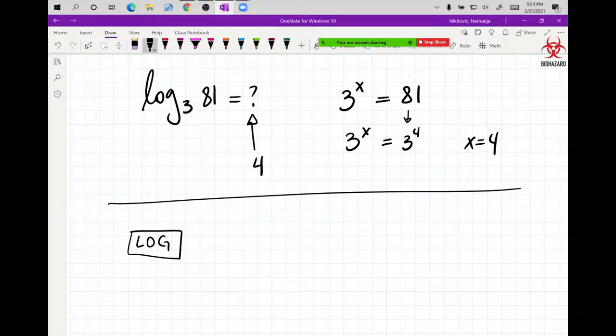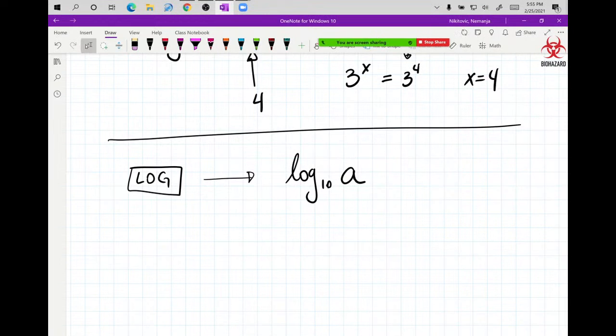The answer is no. Most calculators cannot directly compute the problem above because the LOG button is the log base 10 of some value that you plug in, not log base 3. So you have to be careful about that, which is why we learn what we call the change of base formula.